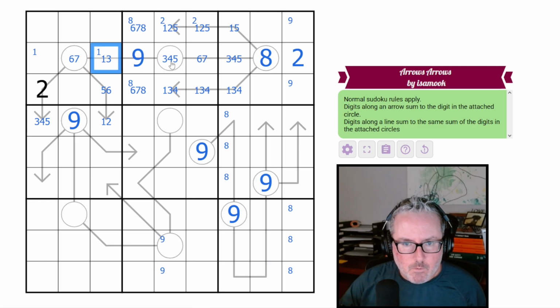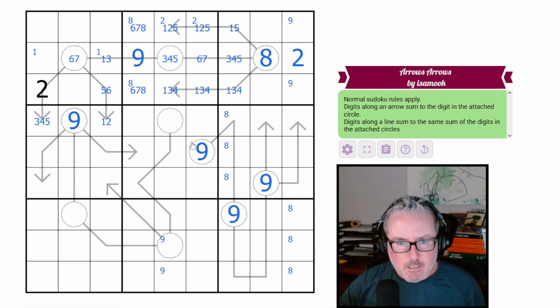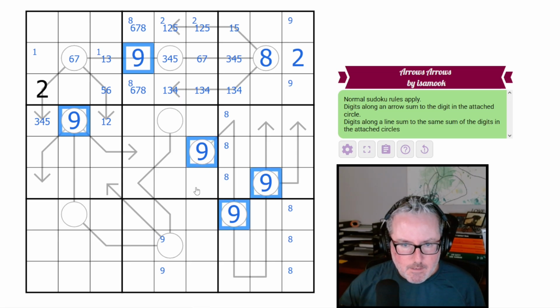And what else does it say? 1, 3, 4. No, this is from 1, 3, 4, or 5. I'm not too keen on putting that in. What else can we now say about anything? Does that 9 do any more work for us?